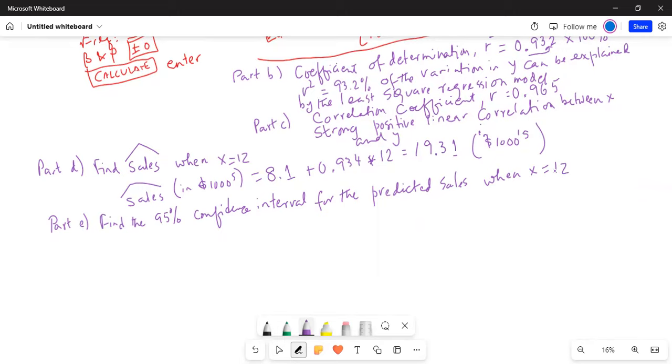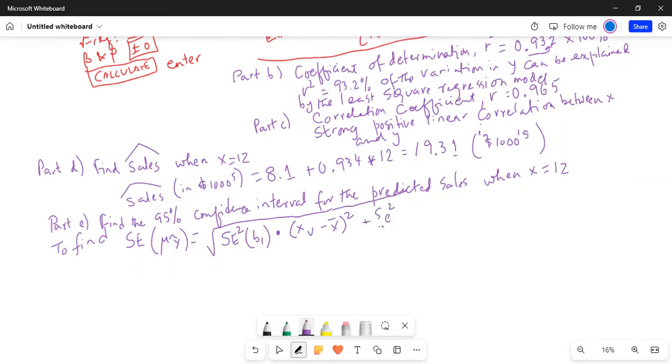So for that, we need to find SE for the mean value of y predicted, and that is equal to the square root of SE square for the slope times (x_v minus x bar) square, plus SE square over n.